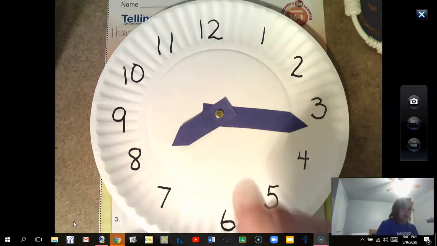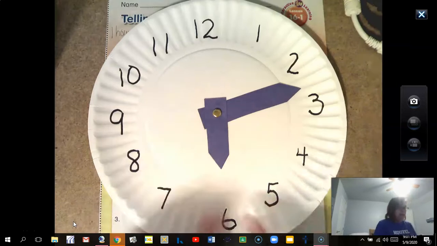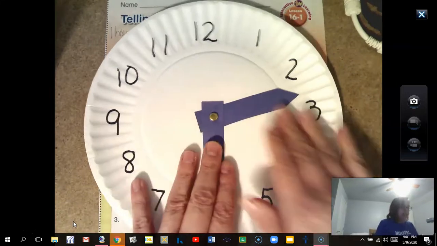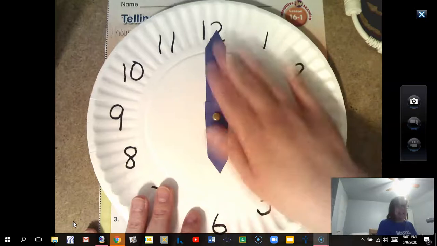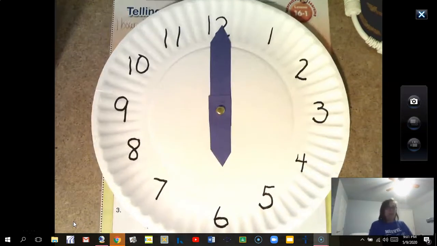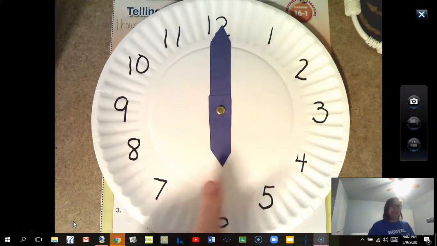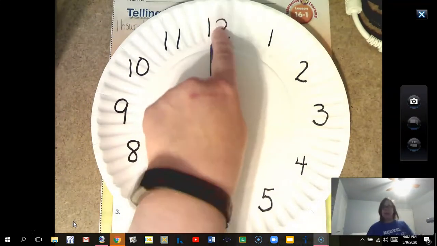So we always start with the hour hand. All right, so if I put my hour hand down here and my minute hand up here, then what time would I have? Okay, so it would be 6, and this is o'clock, 00.